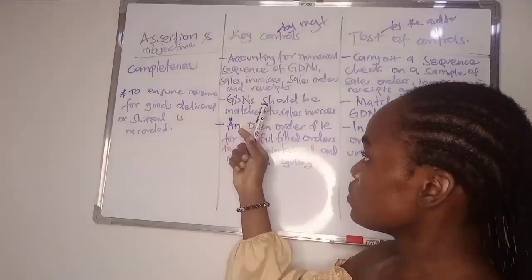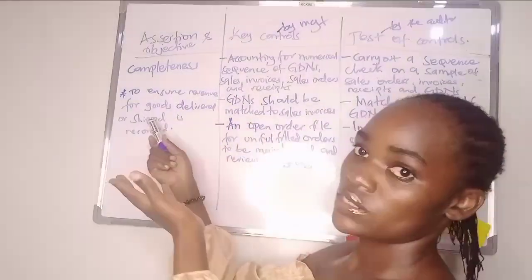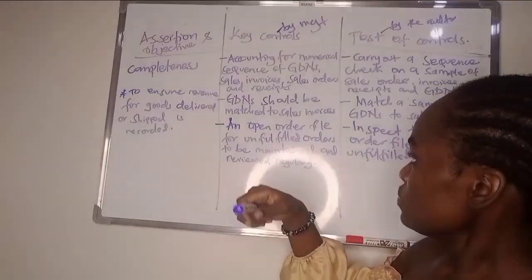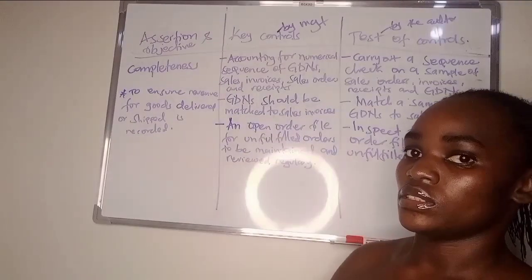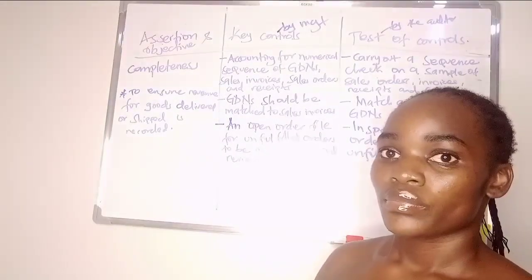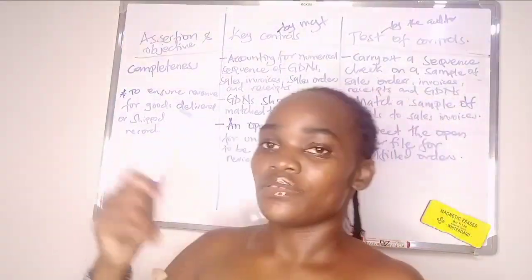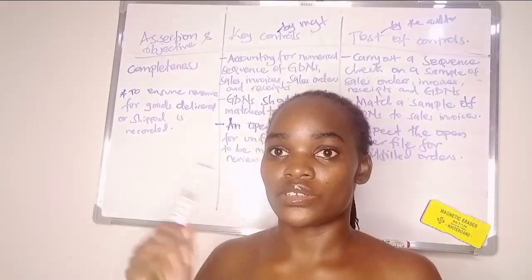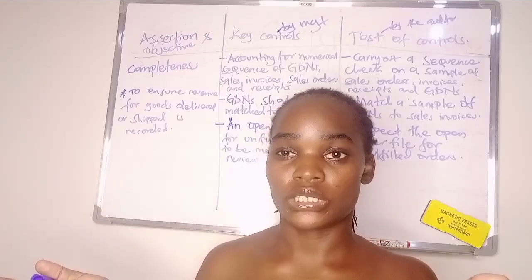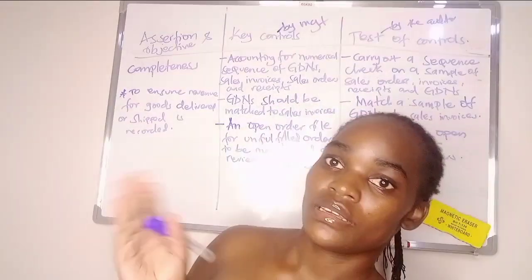Then the second control for achieving this objective is goods delivered notes should be matched to sales invoices. Every goods delivered note should be matched to a sales invoice to make sure that everything is complete and nothing is missing.